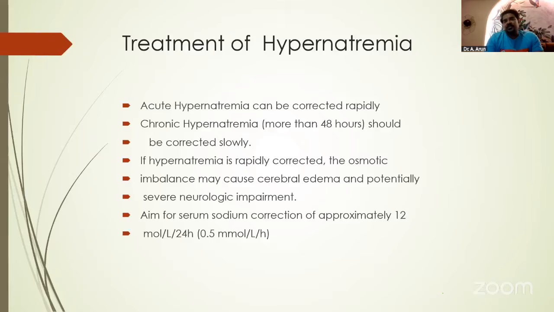So, a person coming to us with hypernatremia, where we have clear evidence that it is an acute case, can be corrected rapidly. But in patients with chronic hypernatremia, the protocol of correction is always a bit slower. Sodium is one of those electrolytes we cannot correct very rapidly, because a rapid change in sodium has a direct effect on the CNS, and it affects the myelination of the CNS.